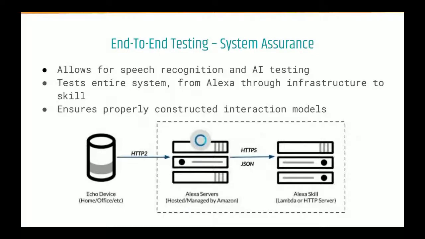And another aspect of that is end-to-end testing. This is sort of the opposite of unit testing, and it is about testing all those pieces put together into a single whole. You're testing Alexa, the AI, the NLU, the speech recognition, your skill, the code, dependencies like Dynamo or S3.